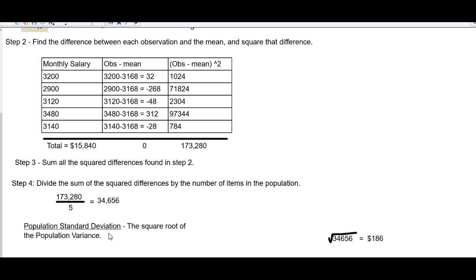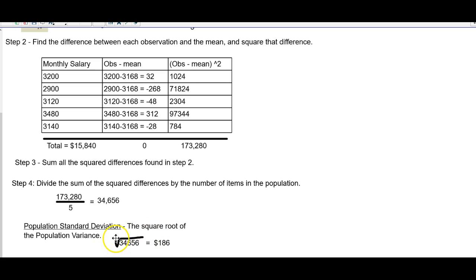The equation for that is in your textbook on page 81. But the population standard deviation is simply the square root of the population variance. It is that easy. And the reason that we like the population standard deviation is that it converts our variance back into our original units.